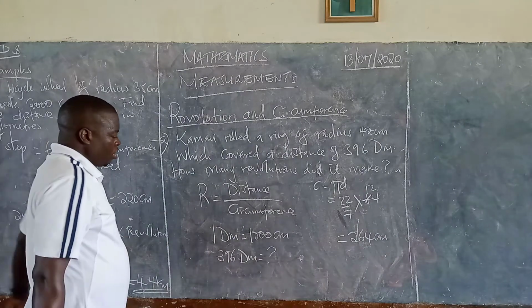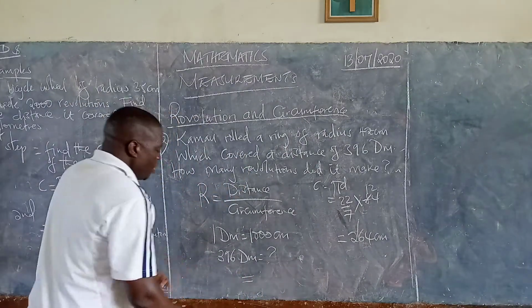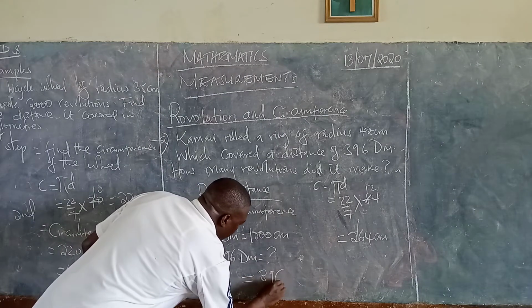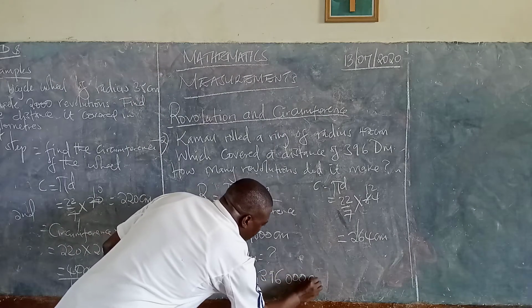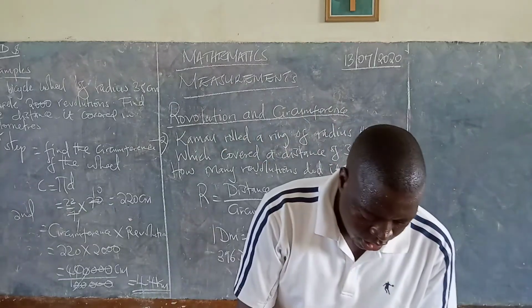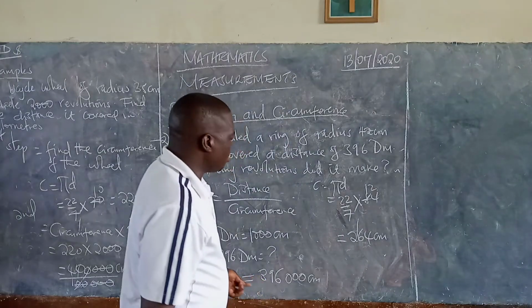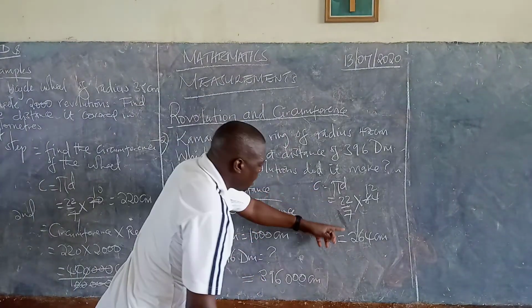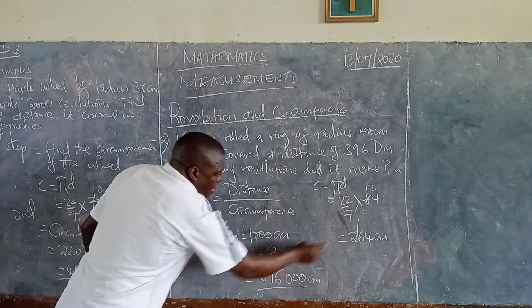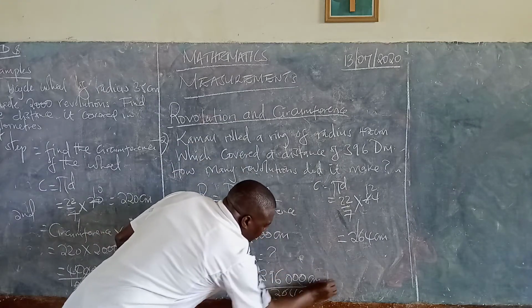So we do some cross multiplication, and we are going to have 396,000. These are centimeters now. This is the distance, and we are now going to divide by the circumference, which is 264 centimeters.